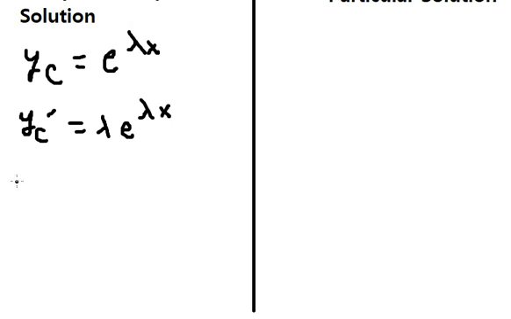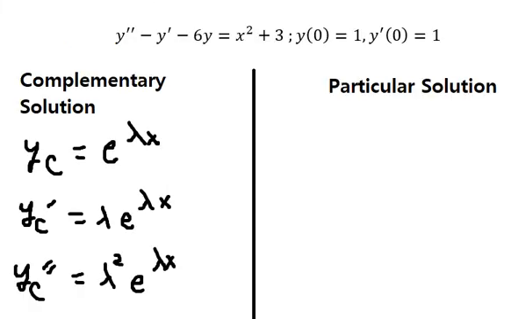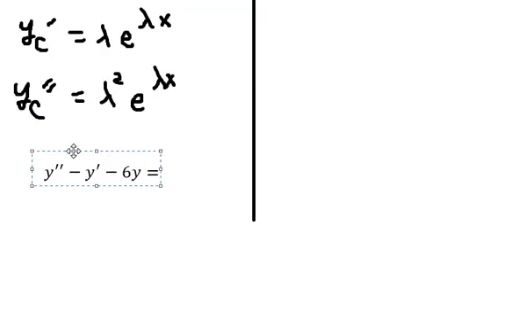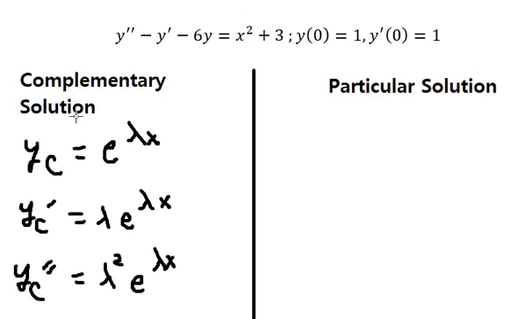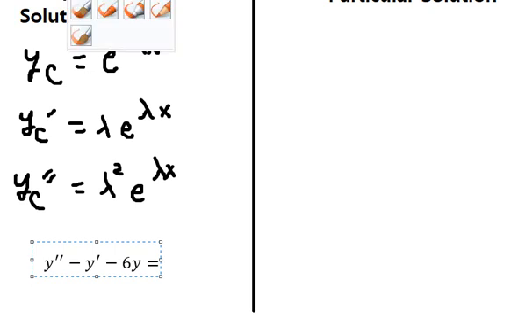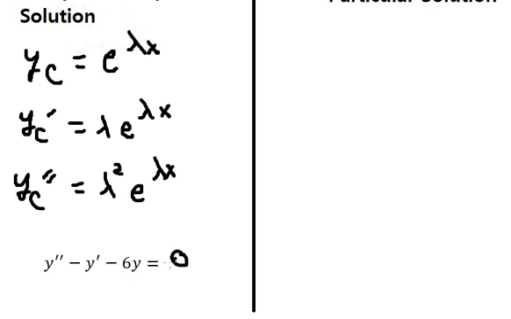Now we go to the second derivative of yc, and we have lambda squared e to the power of lambda s. Now we have this equation. Because this is about the complementary solution, this one equals 0.